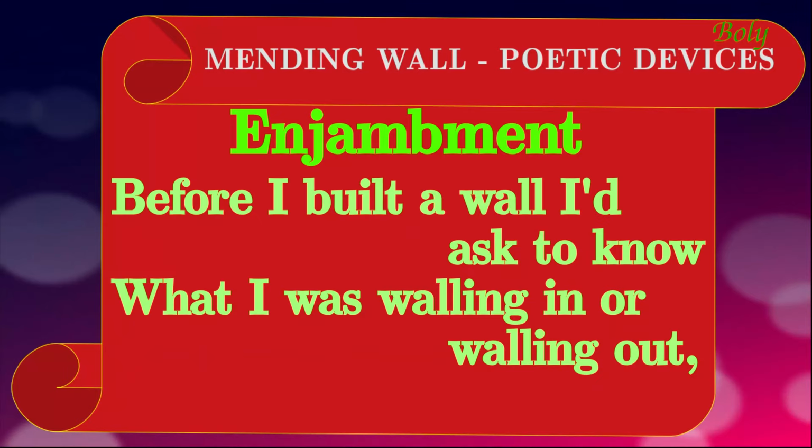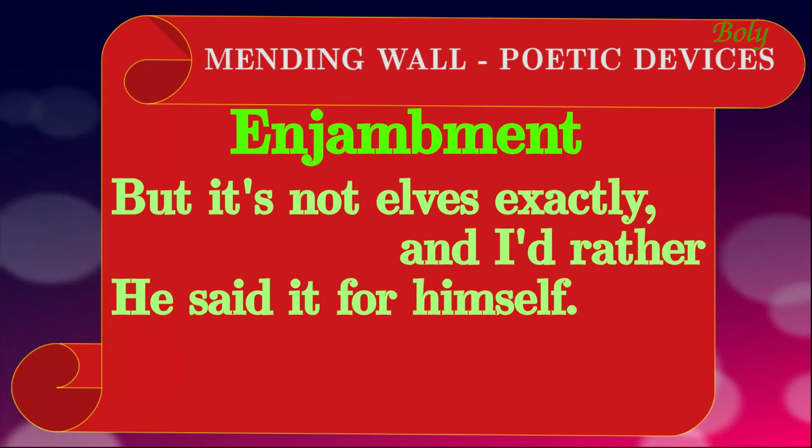Another example we find in Mending Wall is, before I built a wall, I would ask to know what I was walling in or walling out. Again, the idea is complete after the second line and there is no pause after the first line. We can see more examples in the poem like, but it's not elves exactly and I'd rather he said it for himself.